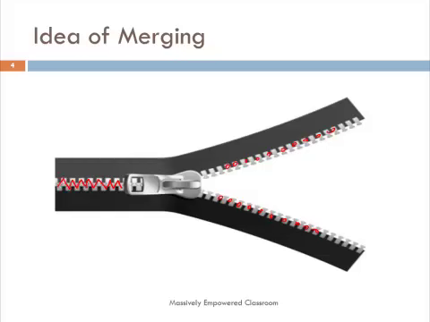Now, if we can zip two sorted arrays and obtain a single sorted array, I will get a sorted or merged array which is larger than the two smaller arrays. The only difference is that when we zip, the elements of the two arrays strictly alternate with each other. That may not be the case when we actually merge two sorted arrays. But if you remember this idea of zipping together, that is the basic concept of merging two sorted arrays to obtain a larger array.